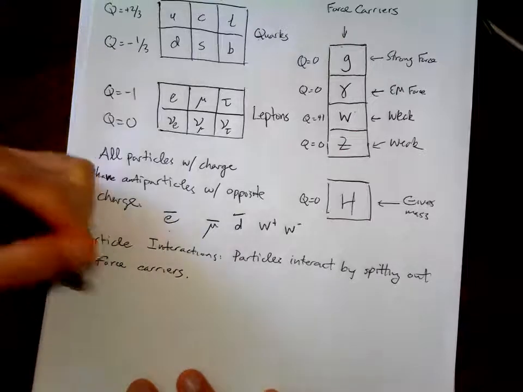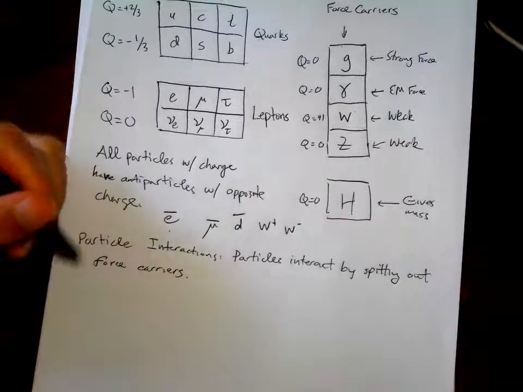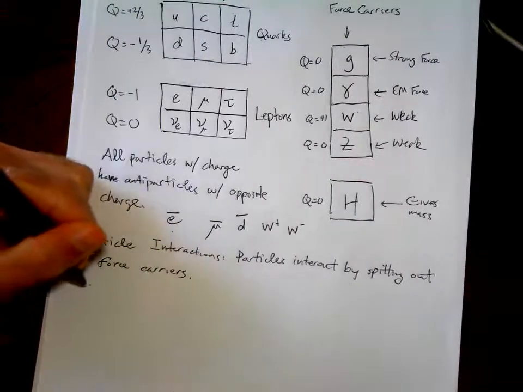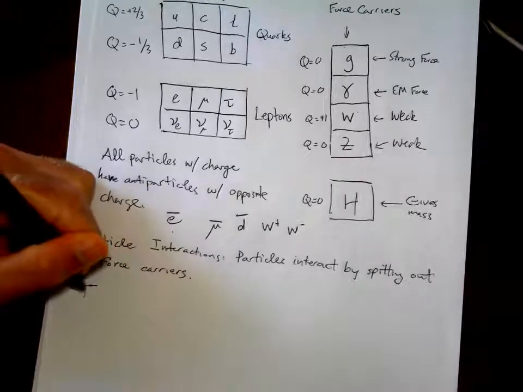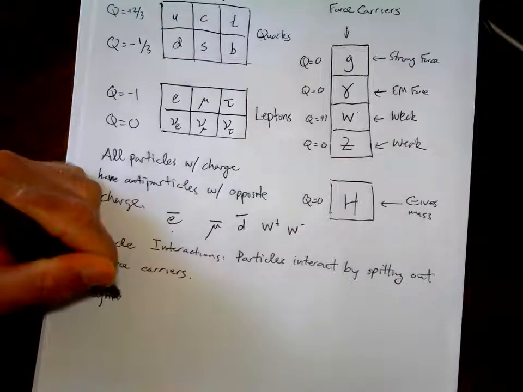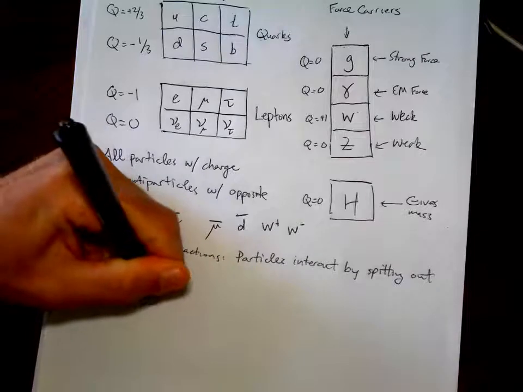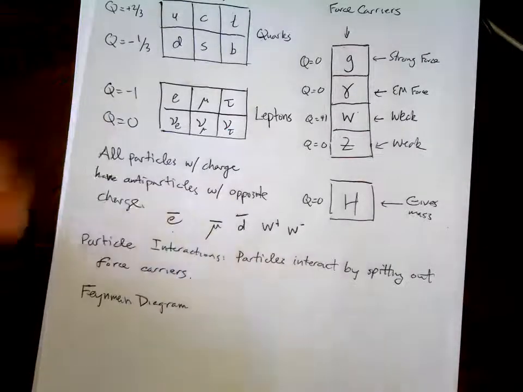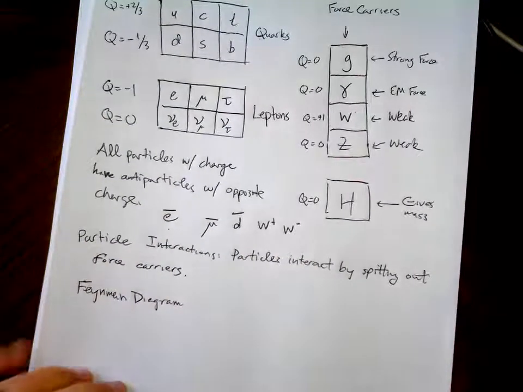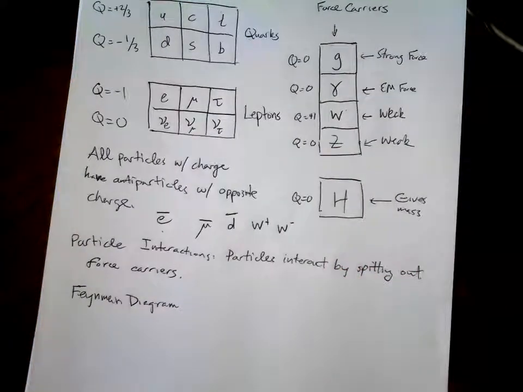So we're going to draw pictures of the interactions of particles using what are called Feynman diagrams. So a Feynman diagram is a picture of the interaction of particles.